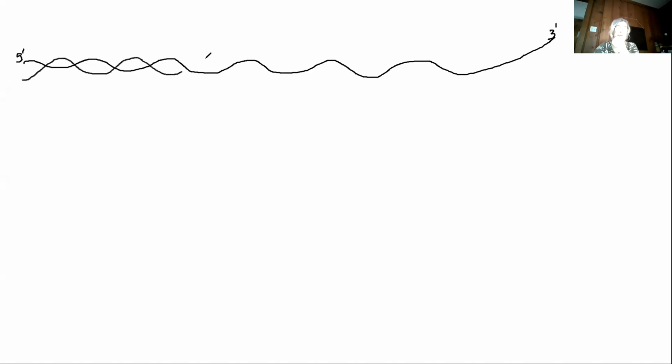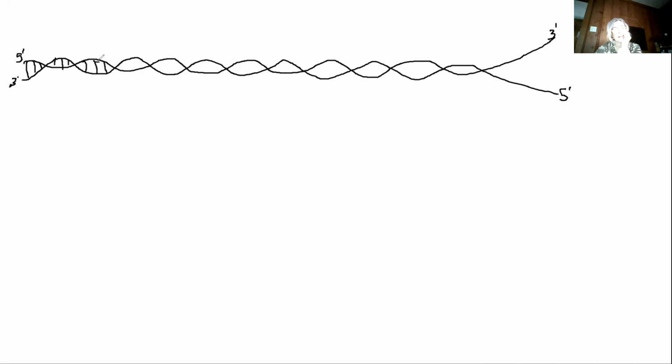And this part that I'm drawing right now represents the phosphates and the sugars, right? So I'm going to put a 3' here and a 5' here. And if I draw the lines like this in between, those represent the bases, right?